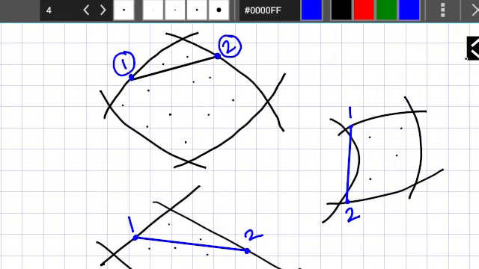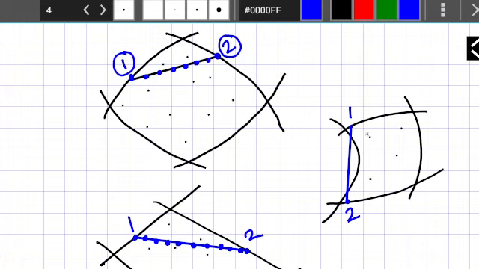Now you can appreciate the difference. Here, any point you take on this line is coming within the region; no point is going out. The same thing is here: all the points on the line joining our two test points 1 and 2 fall in the region.